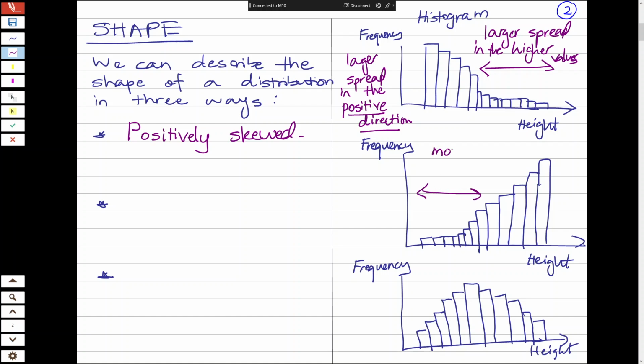Yeah, more spread in the lower values, or the negative direction. So what do you think I'm going to call this second picture? Negatively skewed. You might as well.